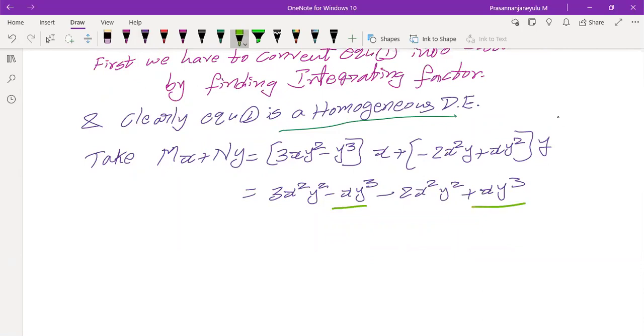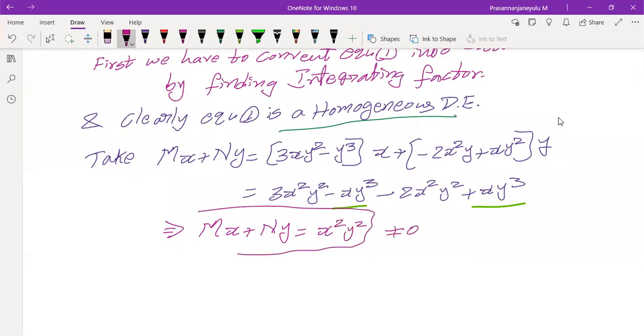Then finally, Mx plus Ny is equal to 3x square y square minus 2x square y square, which becomes x square y square, which is not equal to 0.